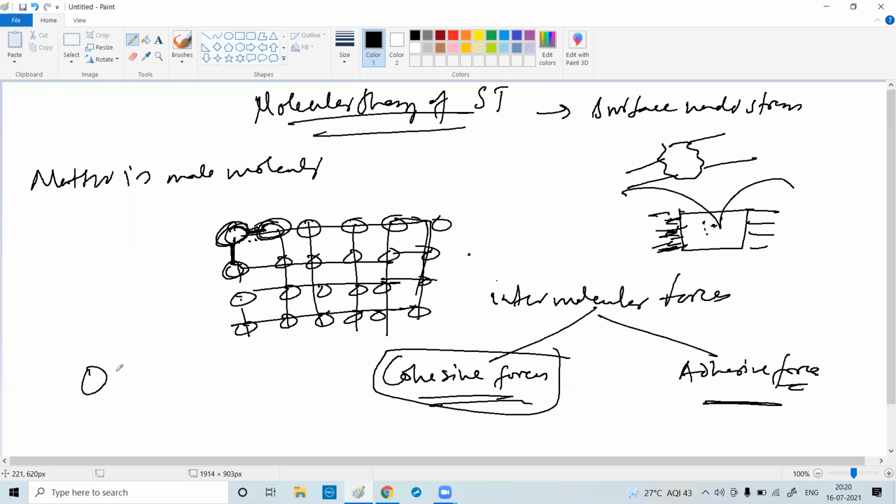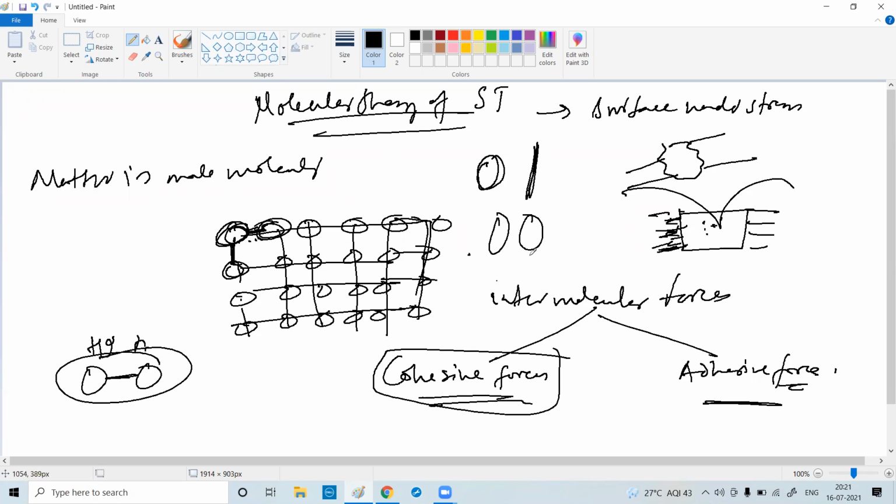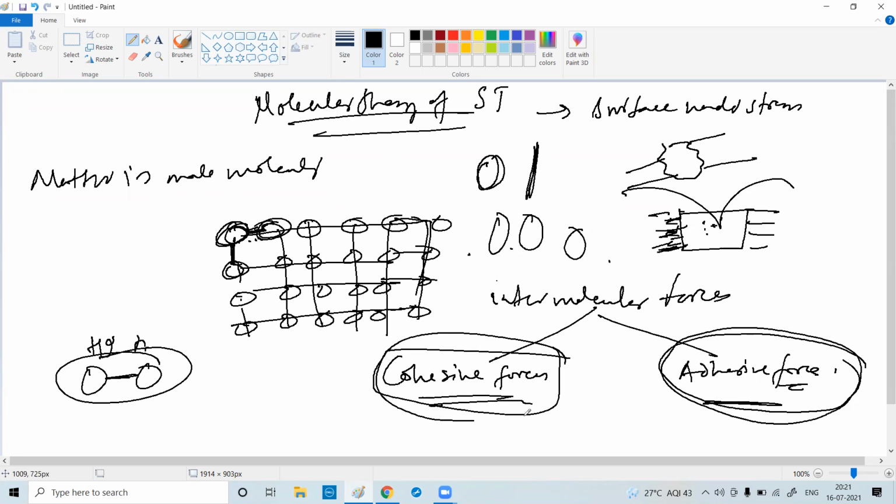The force between two similar molecules, water molecules, is called cohesive. And the force between two different molecules, like if you take water and glass, water and kerosene, or water and jelly, will be adhesive force, and the force between the same molecules is called cohesive force. Is it clear?